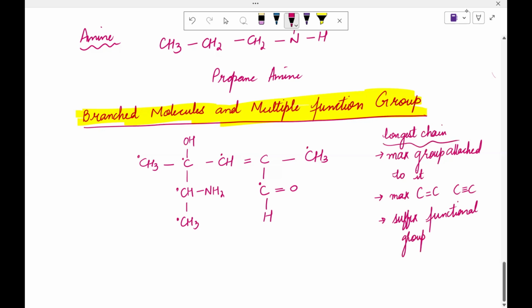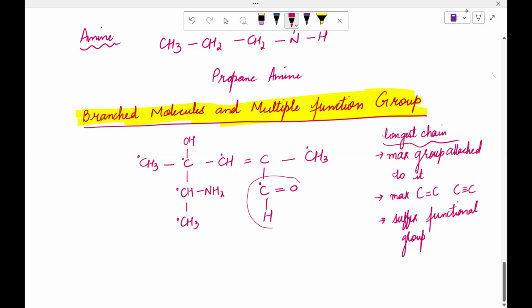Now, in order to find it, first of all, there is a chain. You can see 1, 2, 3, 4, 5, 6. So it has 6 carbon atoms. But on the other hand, there is this group, which is basically the aldehyde group. Let's mark them.